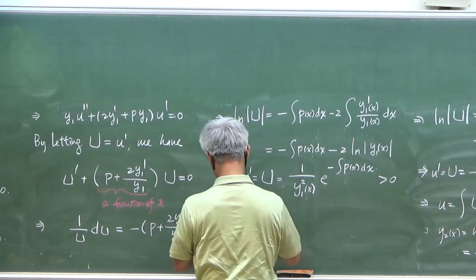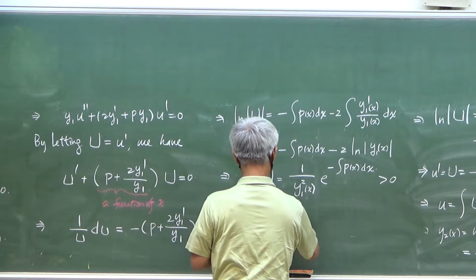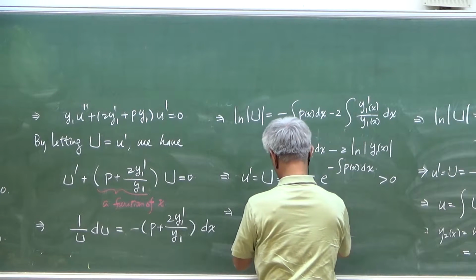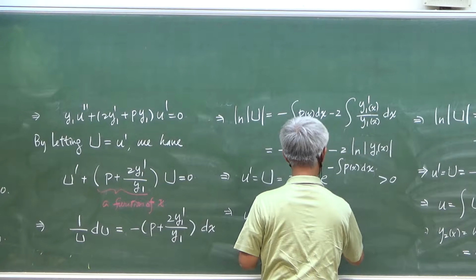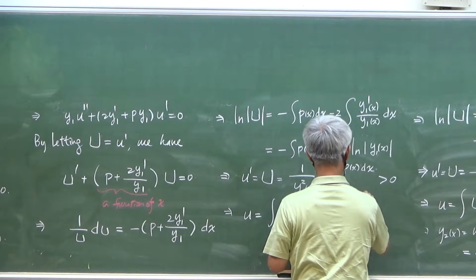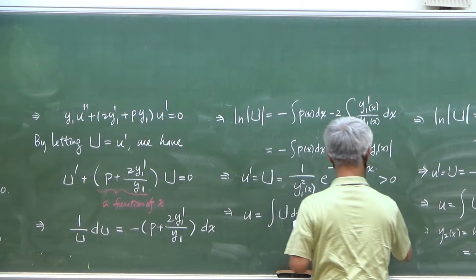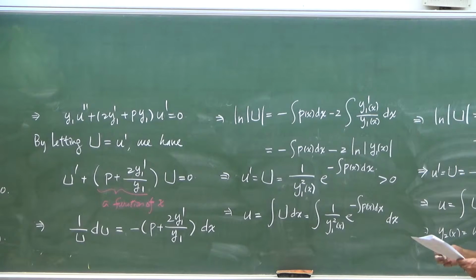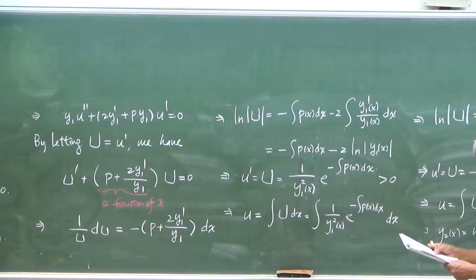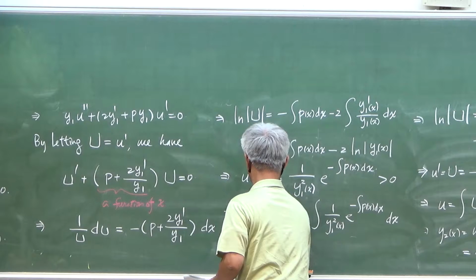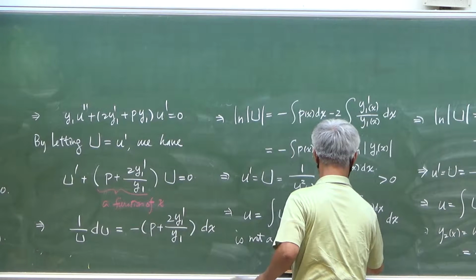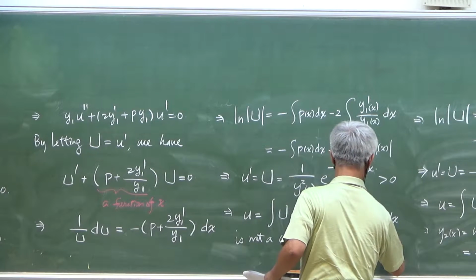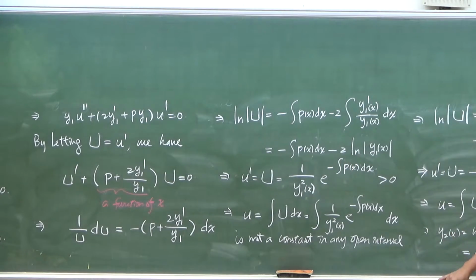So u prime is positive, so u is not a constant in any open interval. Okay, so we get our u function.